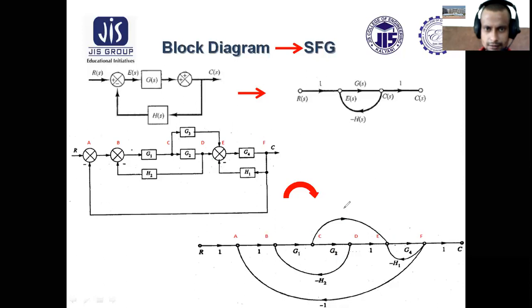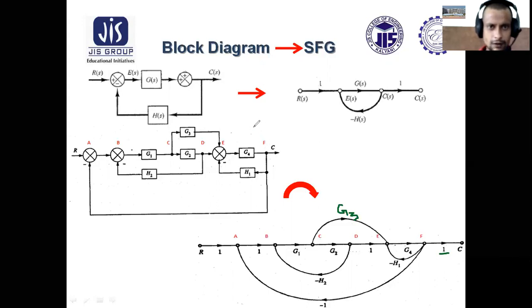This signal is not being mentioned here, but this should be G3. Now, in between E and F, there is G4. Now, F and C are the same point, so we can put unity gain here. In between C and F, there is unity gain.